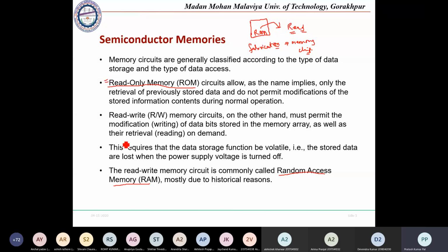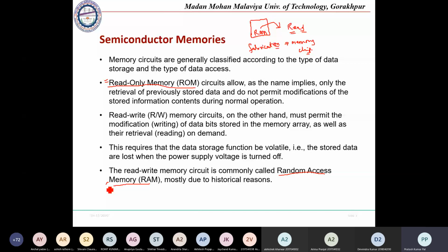The other is random access memory, which is called RAM. These random access memories are the memories where we access the data randomly, and they are called volatile memories.